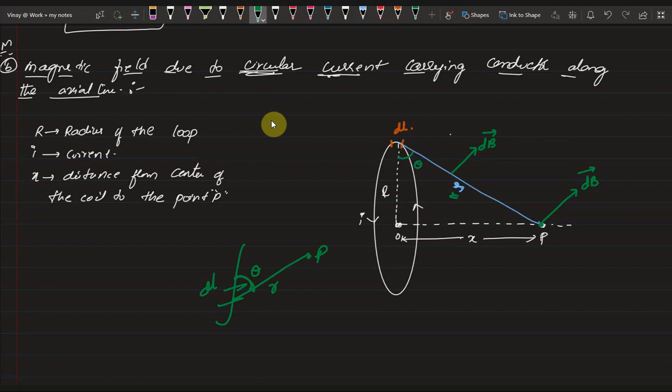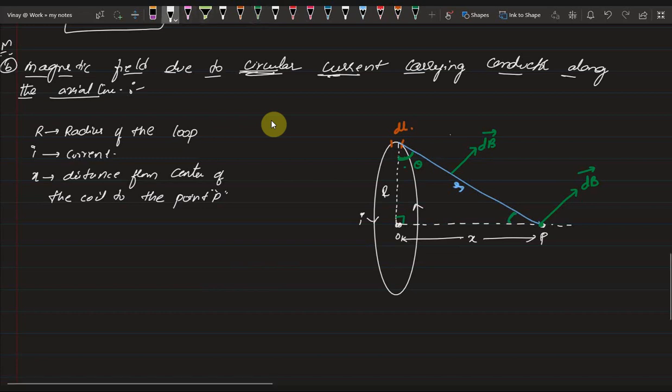So this angle is taken as theta. If this angle is theta, this angle is 90 because it is perpendicular, then what is this angle? 90 minus theta. Very good.